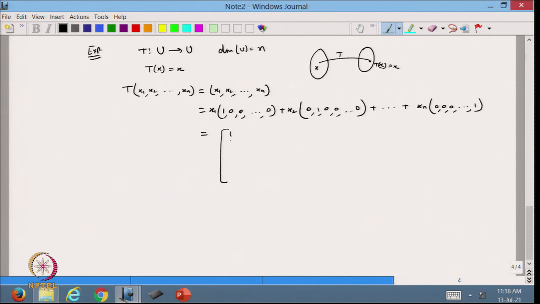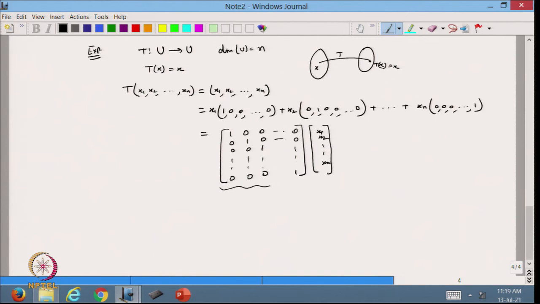So, this matrix is 1 0 0, 0 1 0, and in the end we will get 0 0 1. And if you see from here, then this is equal to x1, x2, xn.